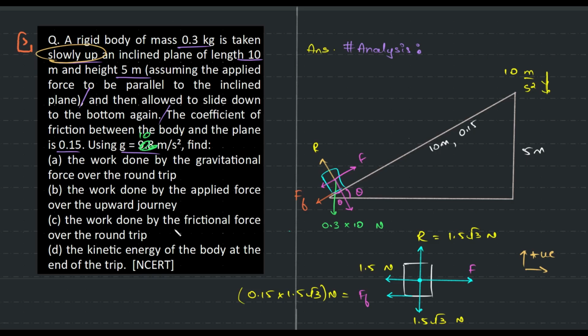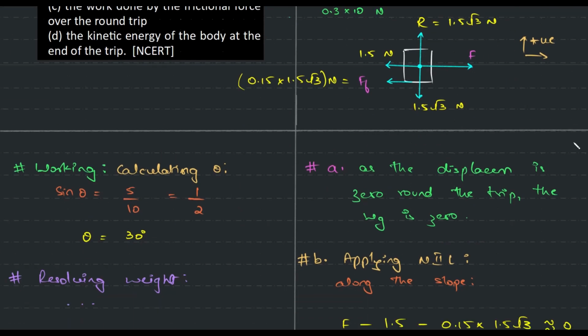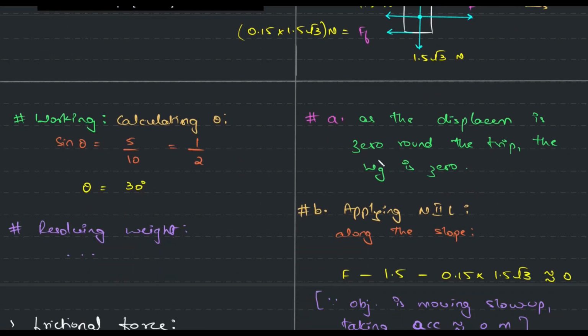Okay, work done by frictional force over the round trip. For frictional force, things are not as with gravity. Sorry, I have not made it clear why this is 0 to a large extent. So this is to be taught in a later topic.